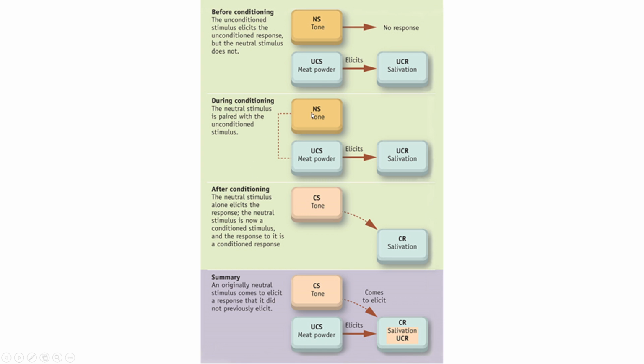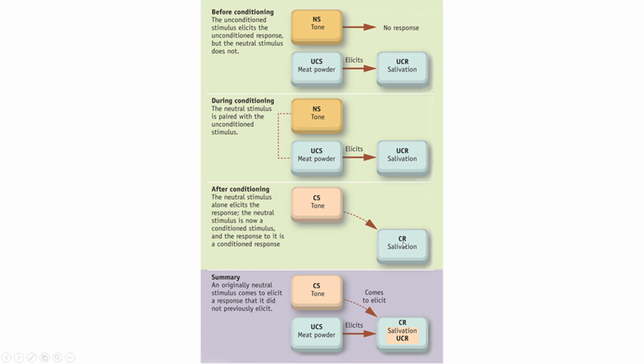So our formerly neutral stimulus is now a conditioned stimulus because it elicits a conditioned response, even in the absence of our unconditioned stimulus. And the important part to learn here, to remember, is that our conditioned response is the same response as our unconditioned response. It's still the dog salivating.